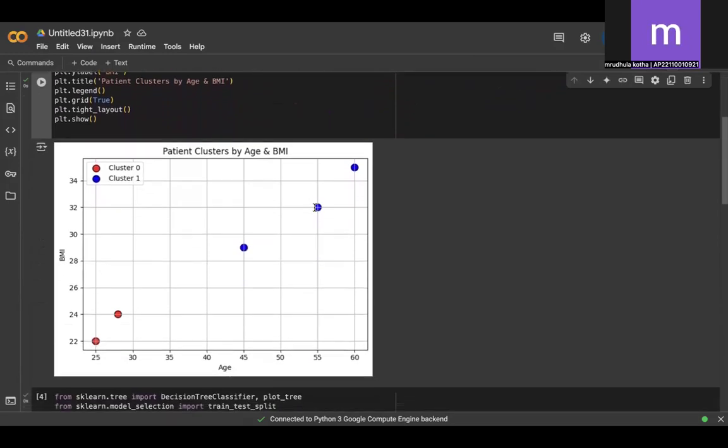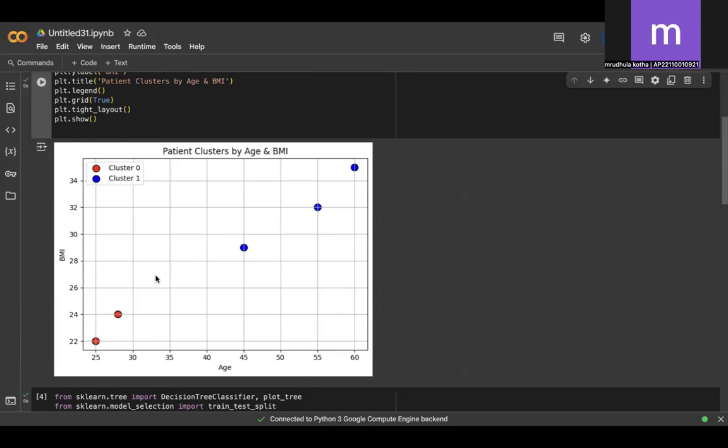For visualization, we use a scatter plot that shows the clusters. Each point represents a patient plotted by age and BMI. We color code the clusters using red and blue, so it's easy to see how the patients are grouped.